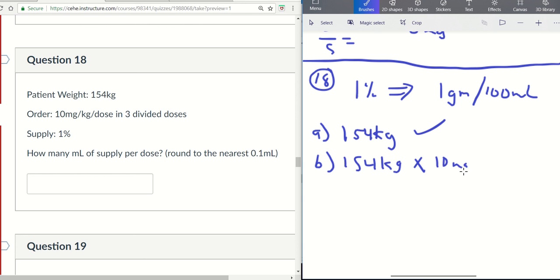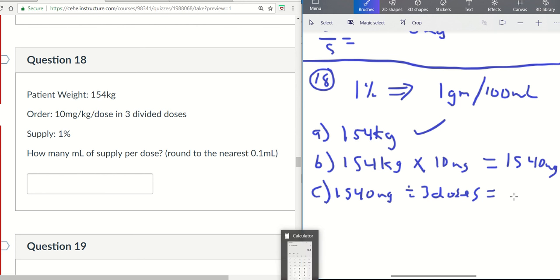Multiply by the order per kilogram of body weight. So they'll need 1,540 milligrams of drug per day, but we're going to divide it into 3 doses. That's about 513 or so. Let's put a 0.3 just to make sure.